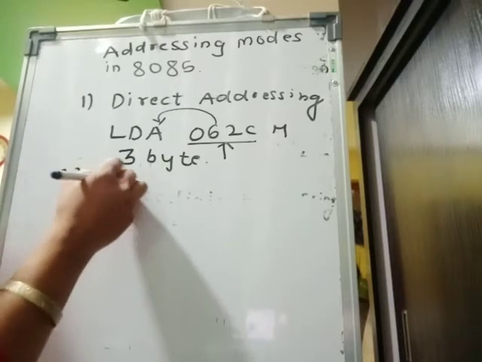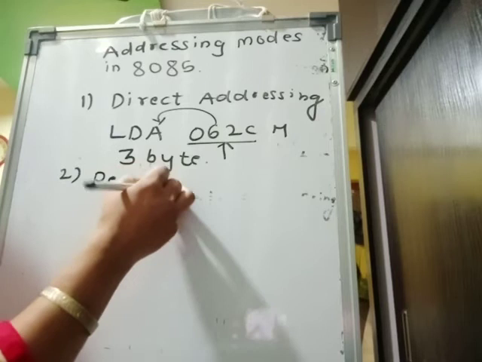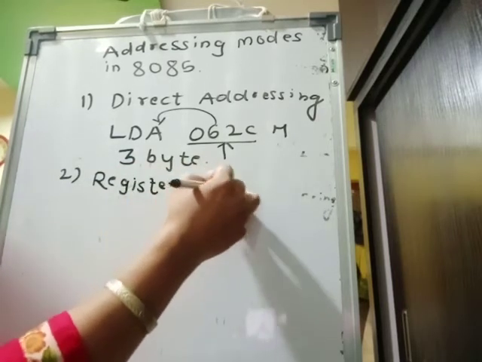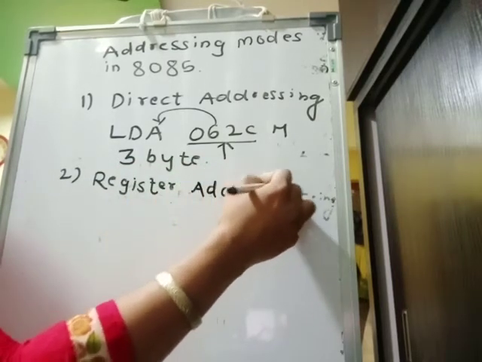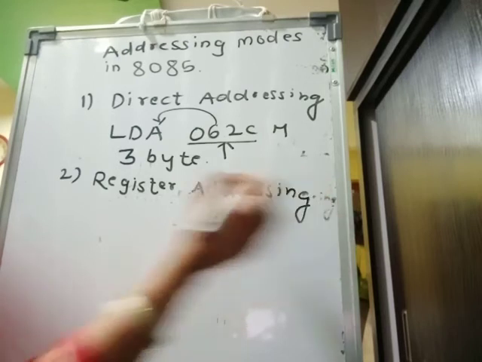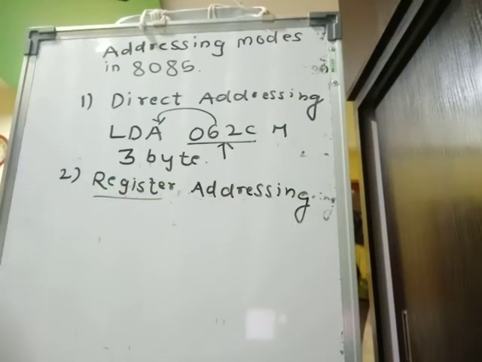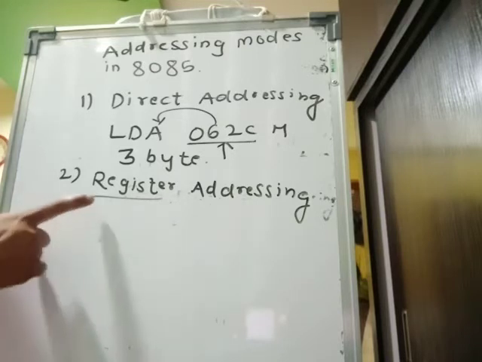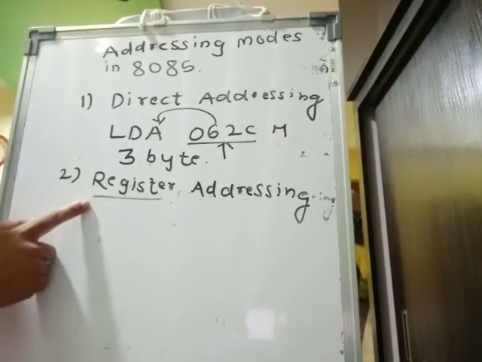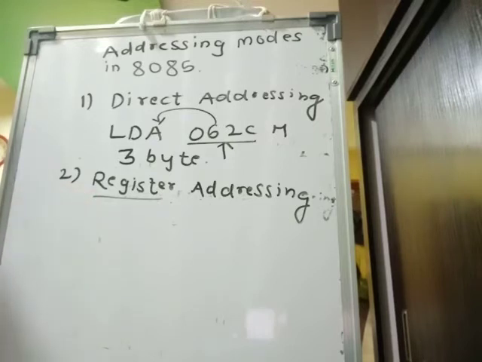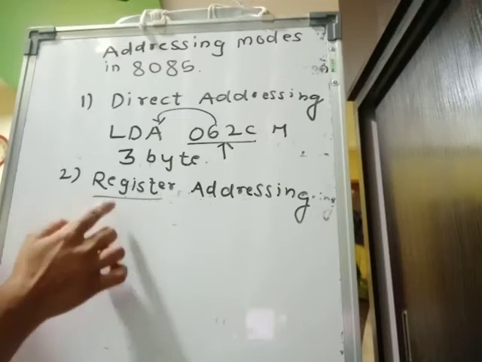Now second is register addressing. As the name suggests, it requires a register, and in this mode the register name is specified in the instruction, and an address is not required.